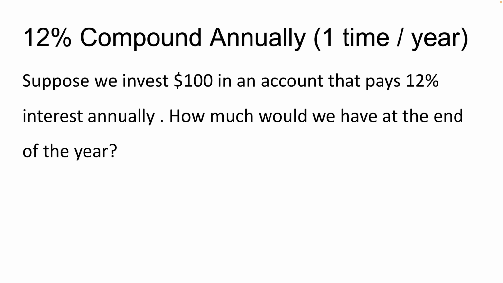Let's start with the 12% interest compounded annually, or one time per year. If we invest $100 into an account that pays 12% interest annually, we would use the compound interest formula, A equals P naught times 1 plus R over N raised to the NT power.